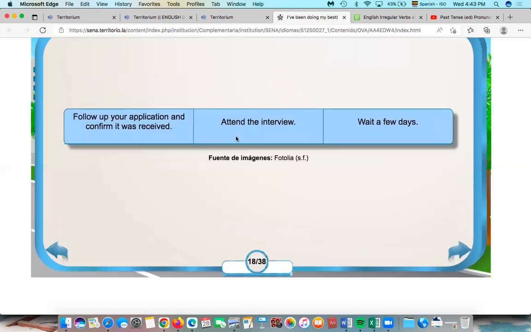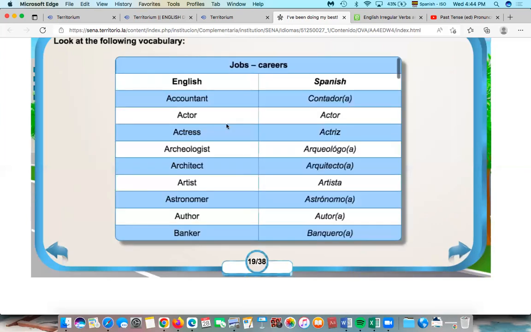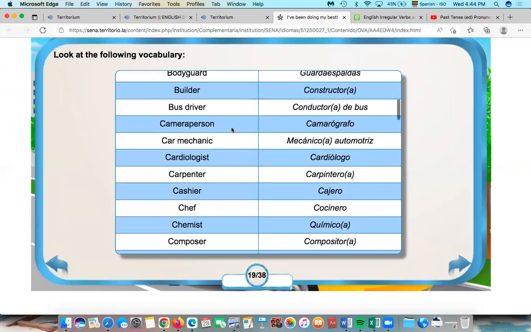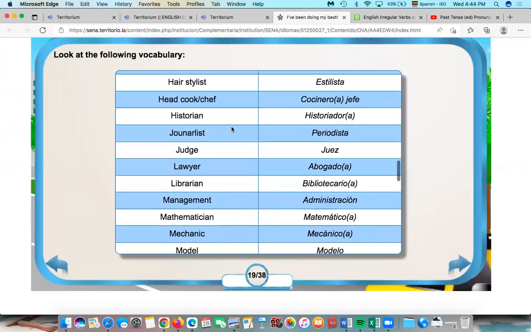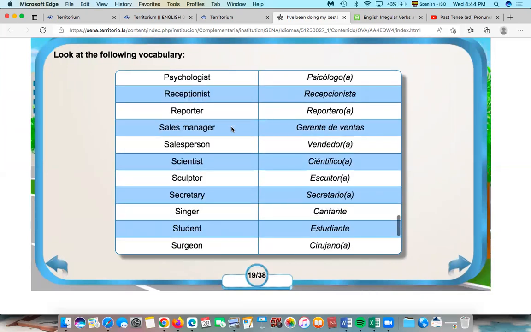These expressions, as you can see here: follow up your application and confirm it was received, attend the interview, wait a few days, right? And different jobs, because they are talking about jobs or professional profiles, right? What are you studying? What is your major? Paola, Nicolas. I am a photographer.